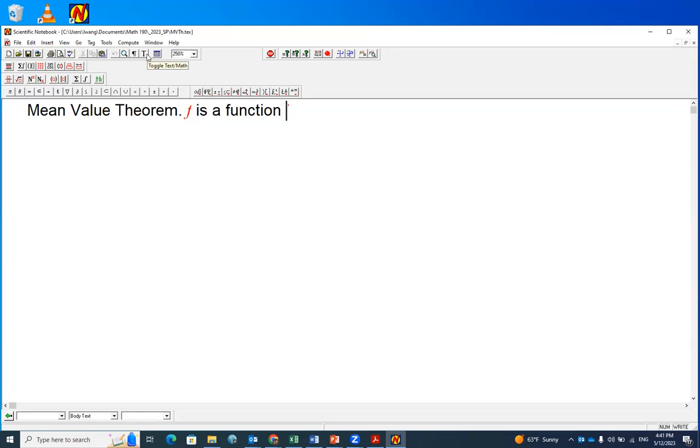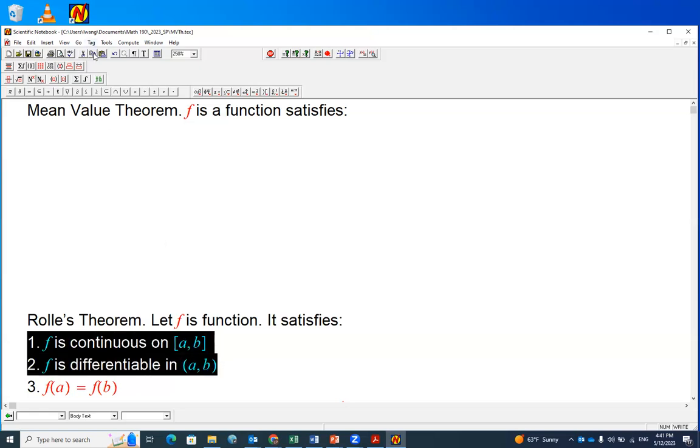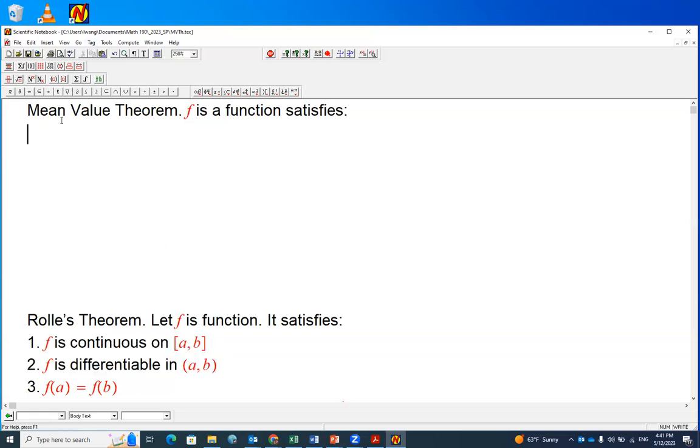That satisfies the hypotheses, to try to make it short. The two conditions of the mean value theorem are exactly the same as the first two conditions for Rolle's theorem.